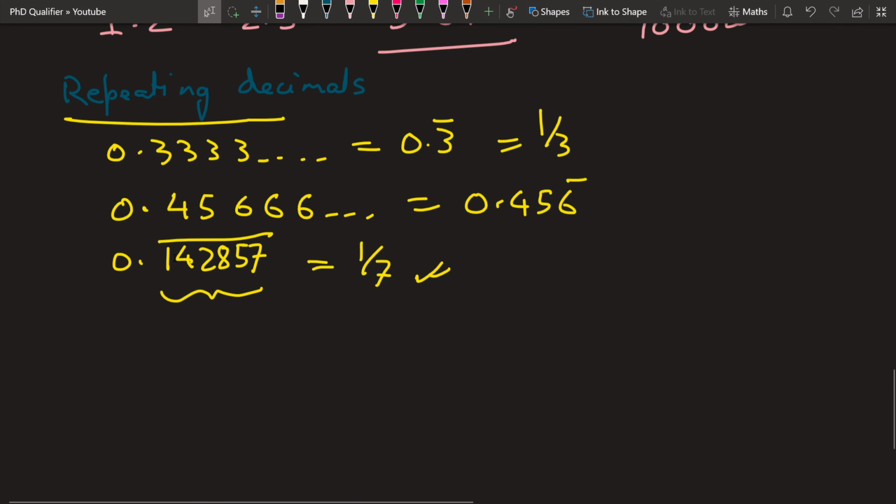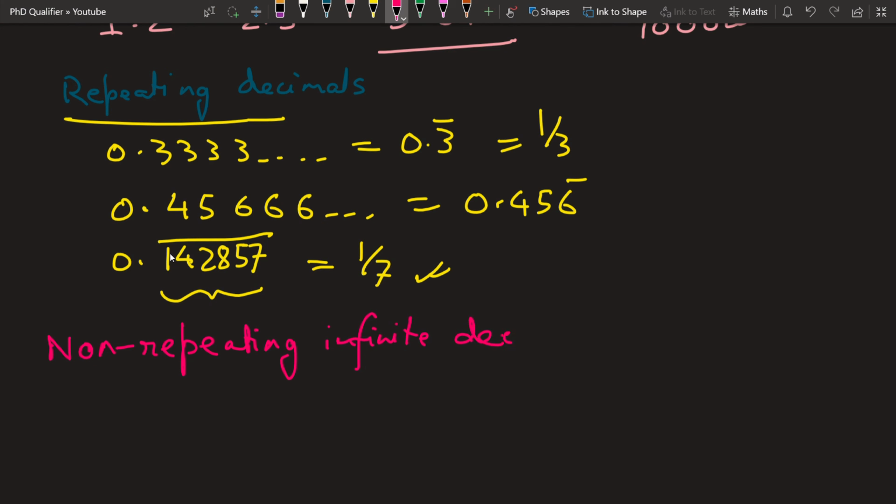But still, even after that, there are non-repeating infinite decimals where the digits run to infinity, and never can you stop at a point and say everything that comes after it is zero, and it's non-repeating.